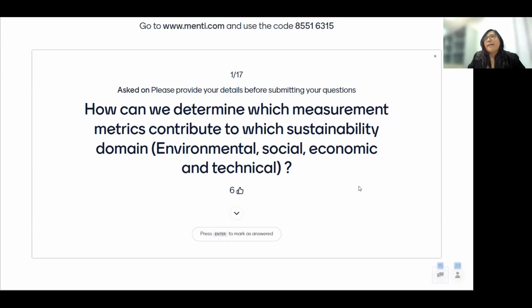So, using the SQ model and the GQM graph, you should be able to select the metrics that will contribute to a certain dimension of sustainability. I hope it answers your question.